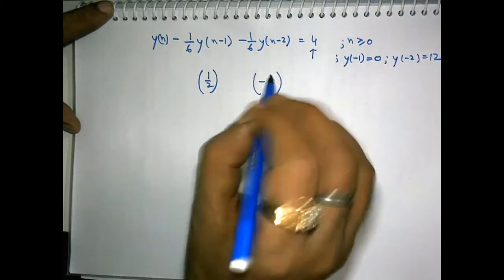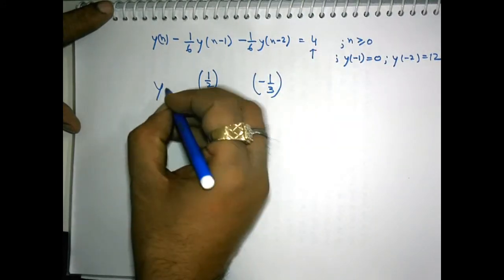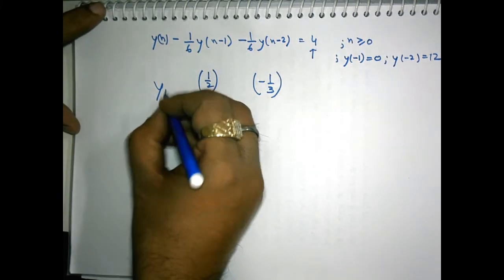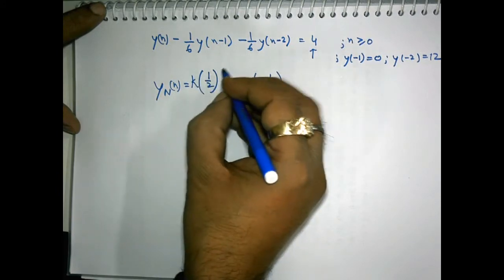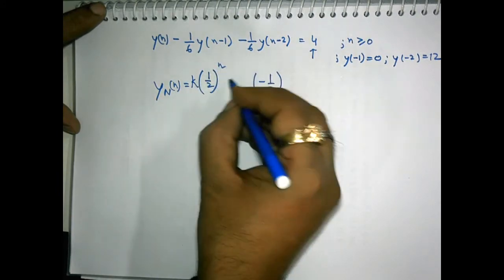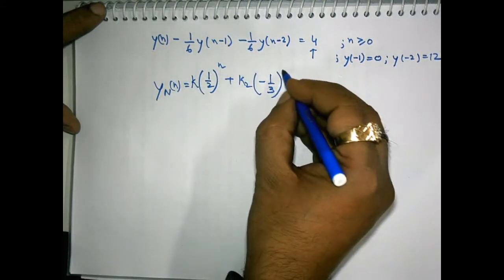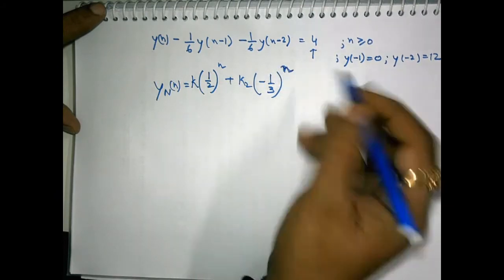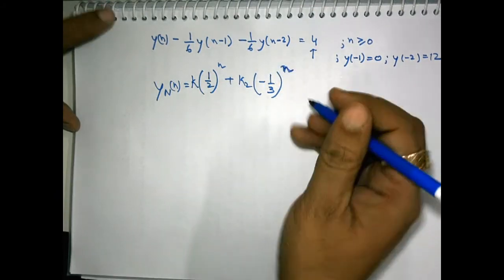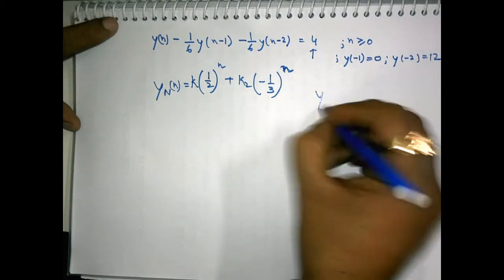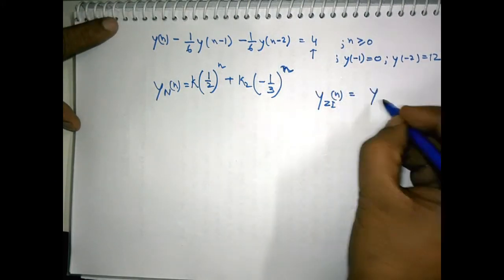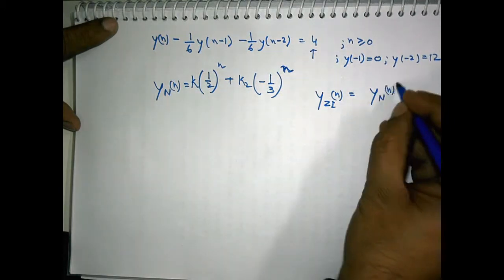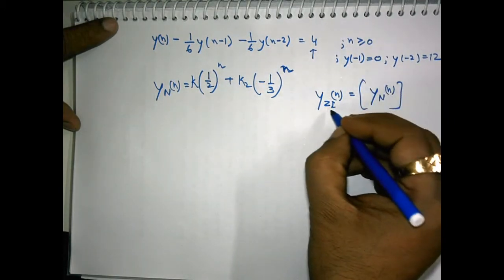So naturally the natural response y_n(n) happens to be k1 (1/2)^n plus k2 (-1/3)^n. Okay. And what is y_zi?